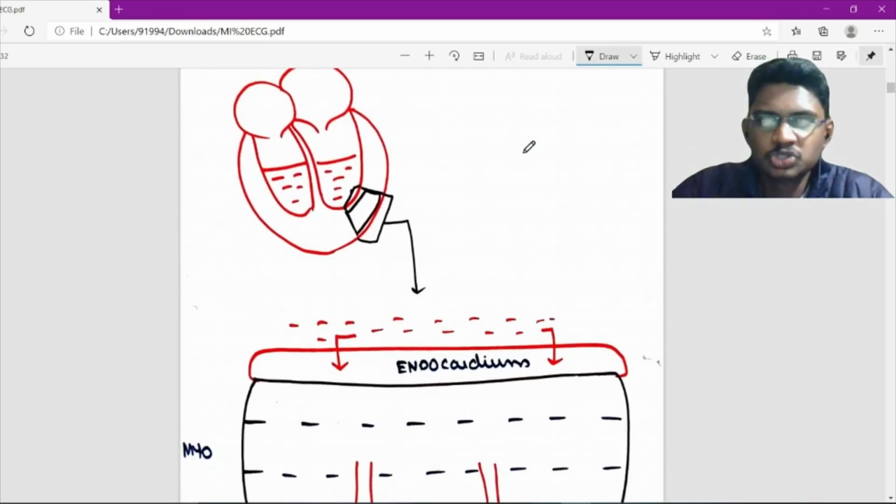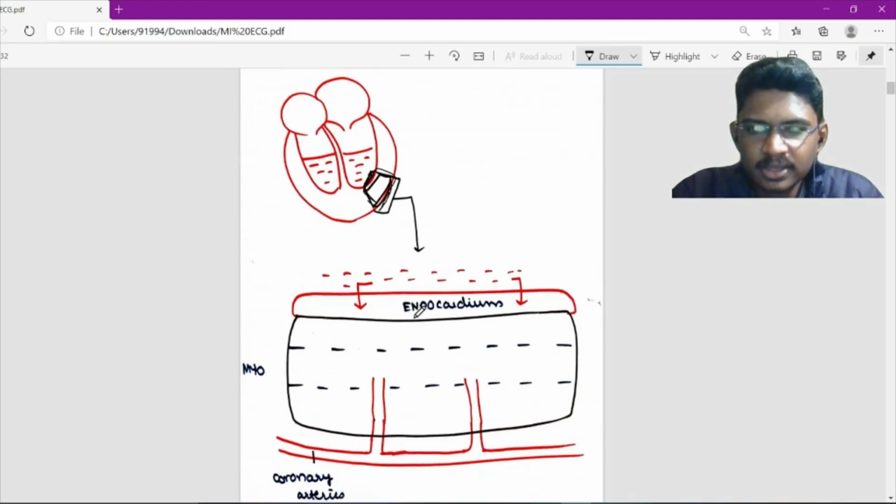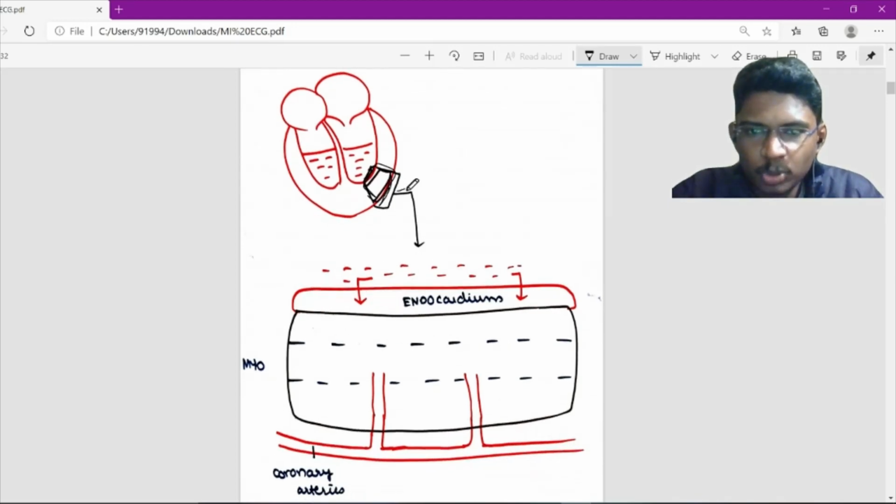As I told, this is the heart. This portion is the blood chambers, this is the endocardium, and this is the pericardium. The myocardium can be divided into three. This is a zoomed portion of this part. Immediately below the endocardium there is the myocardium portion which we call the subendocardial myocardium.